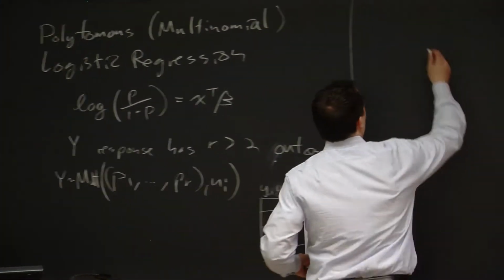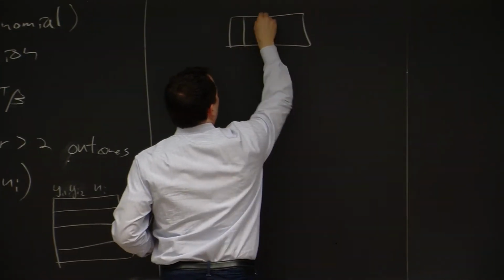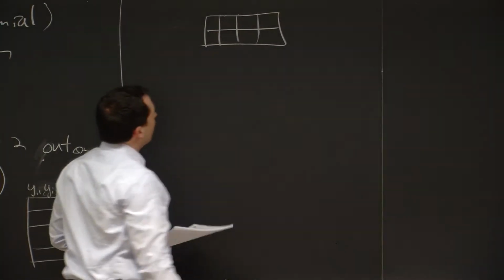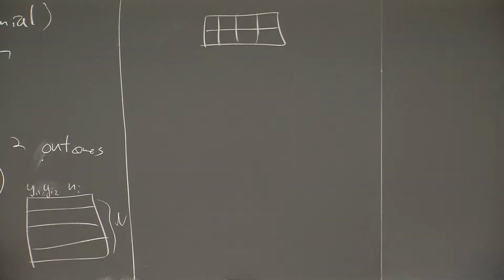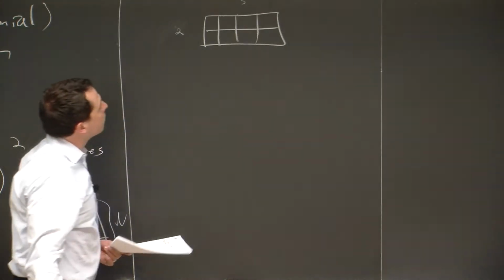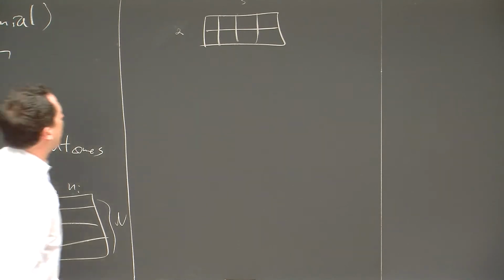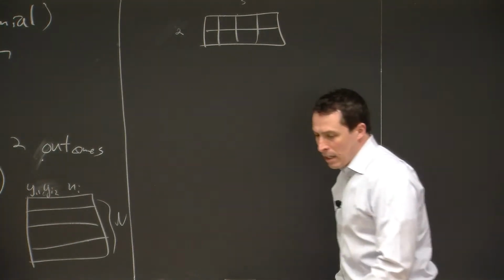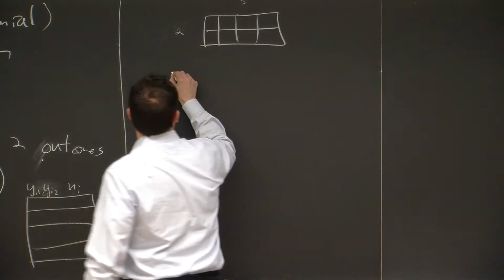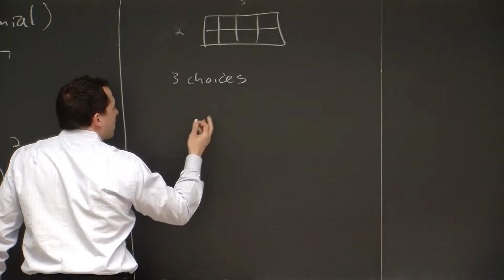If you think about when we were talking about models for tables, and we had a 2 by 3 table, and we wanted to adapt odds ratios models to this, we had at least 3 choices.